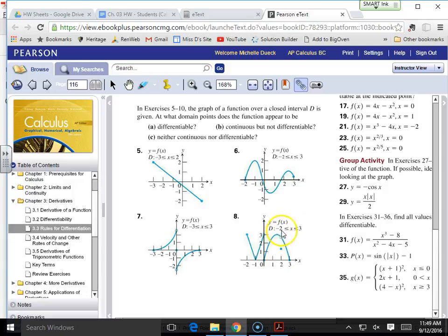Remember, if it's not continuous, it can't be differentiable. You can't have a rate at a point that doesn't exist, or I should say, of a function at a discontinuity. But -2 is good. 3 is good. Because the slope is fine, the point is fine. It's continuous, and you only have to worry about the slope from one direction. And 0 is not.